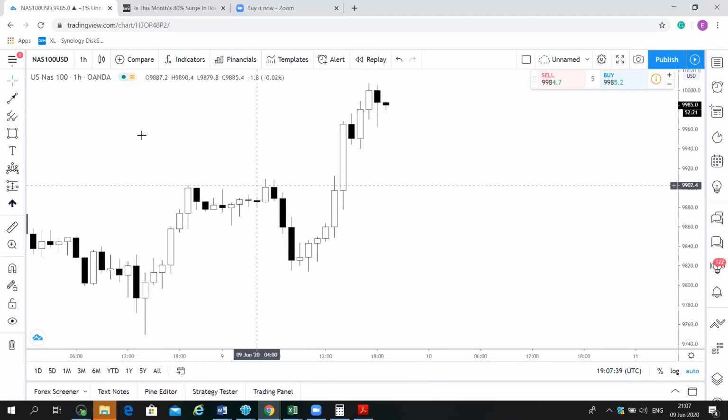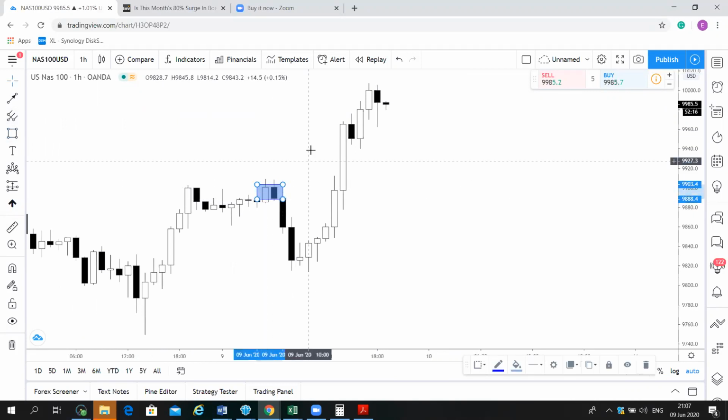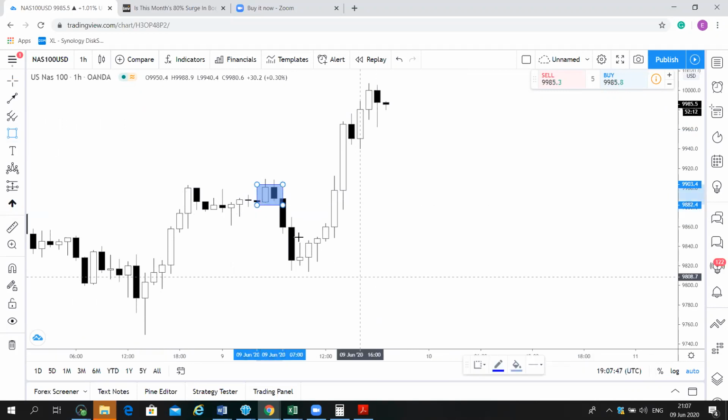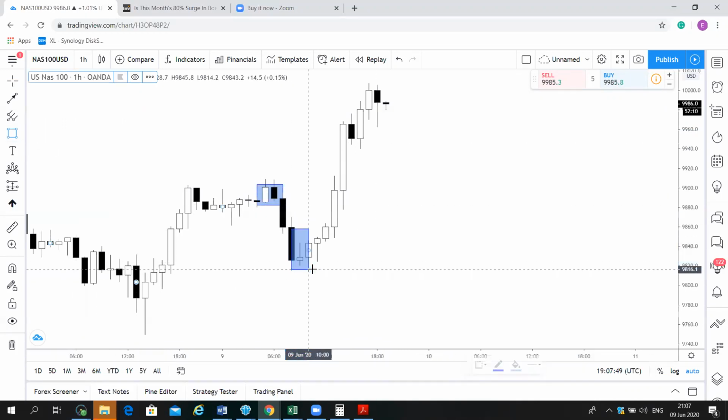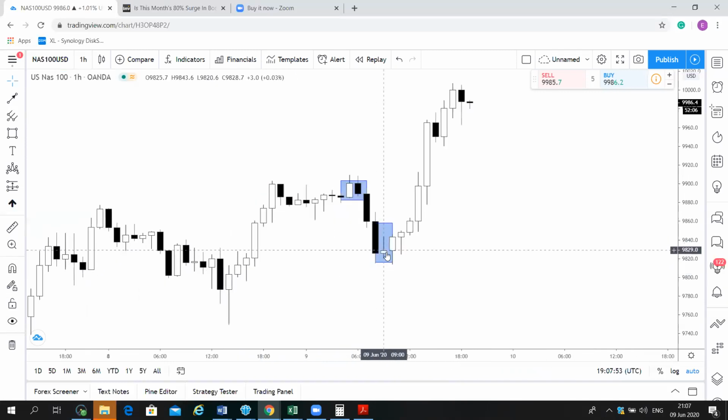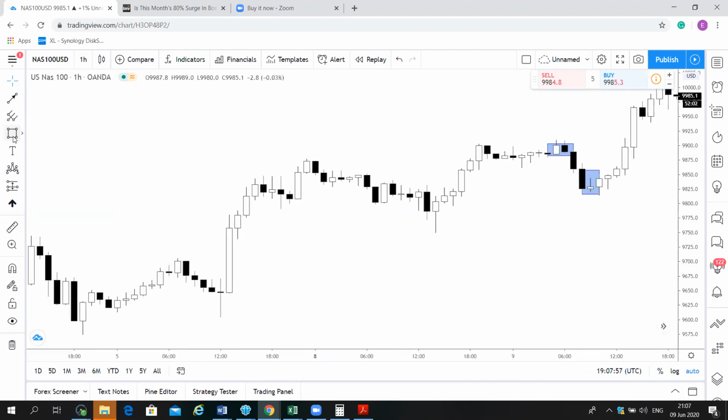Bearish, you can see here. It goes into a bearish market, right? And then we have a morning star, right? You can see it's also an inside bar to this one, right?